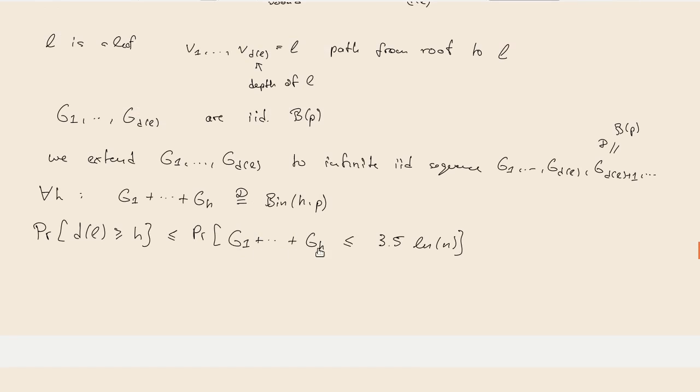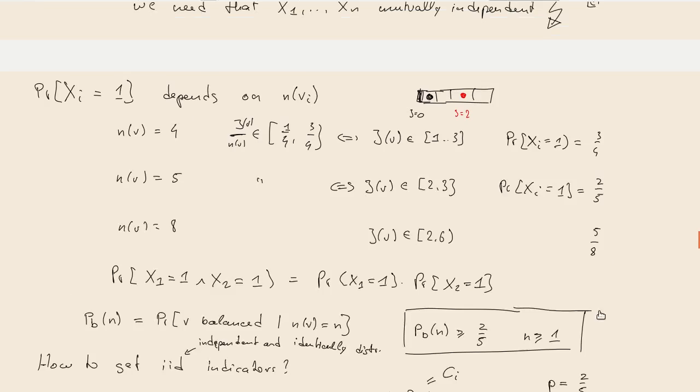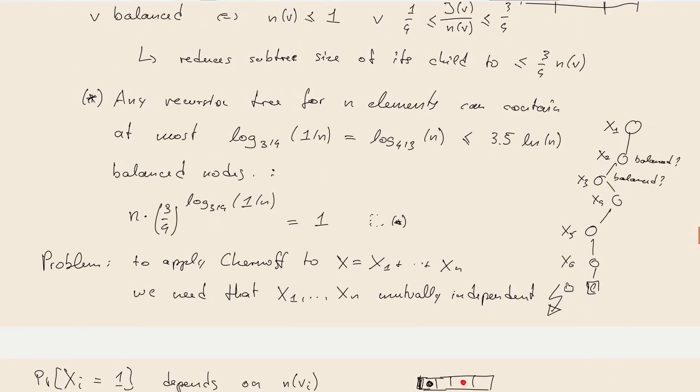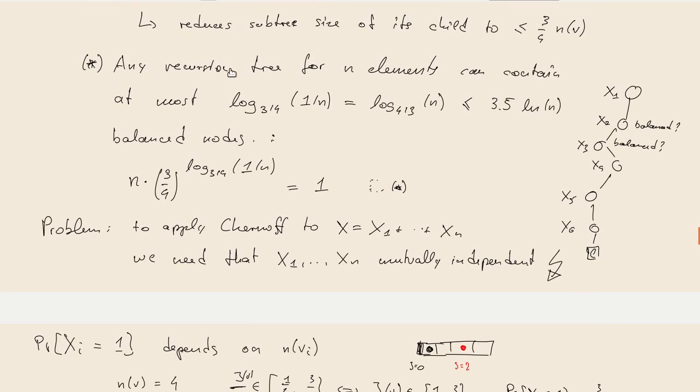So if this is the number of balanced nodes, or a lower bound for that, then we can't have more than this magic number. Otherwise, we contradict our idea here, right? Any path in such a tree with n elements can have at most so many balanced nodes.